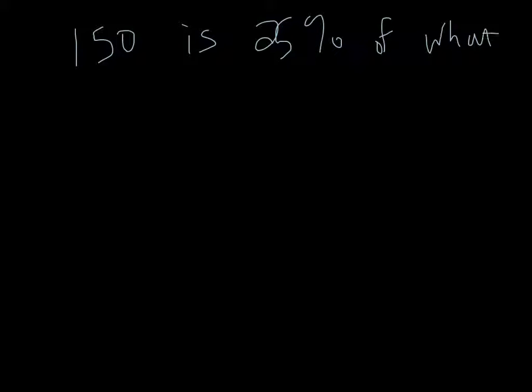Okay, so now I'm going to ask you to say 150 is 25% of what number? So 150 is, well, that's the is, so that's going to go on top.